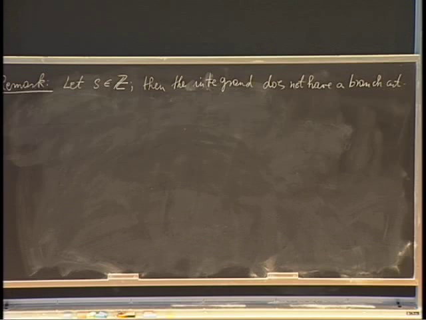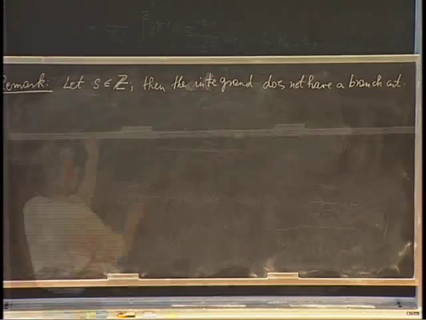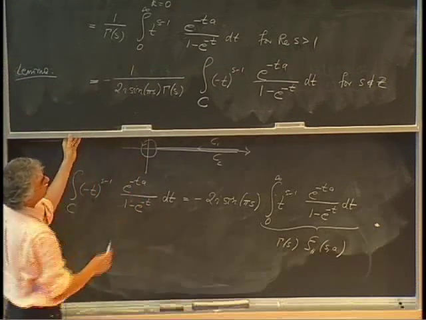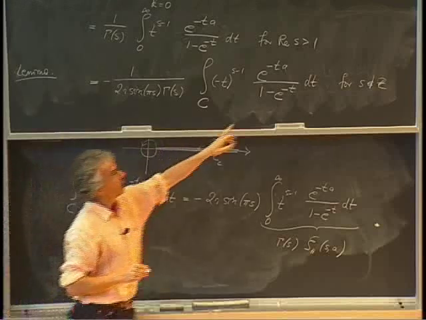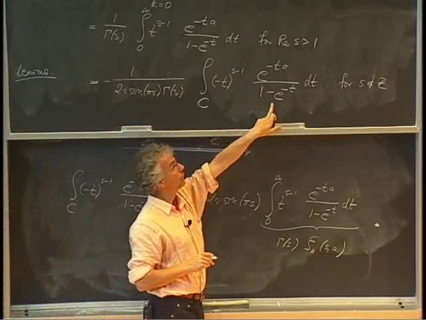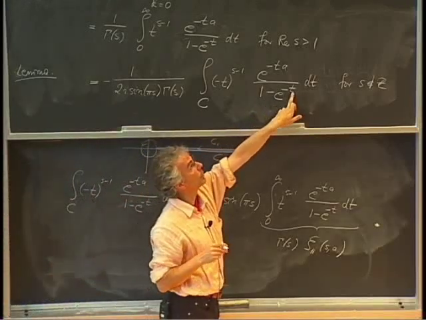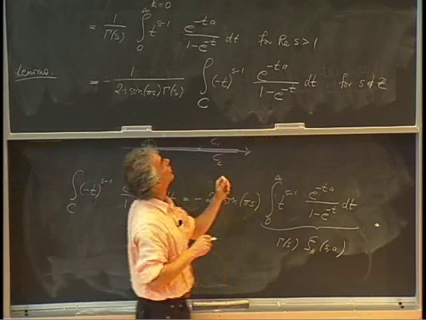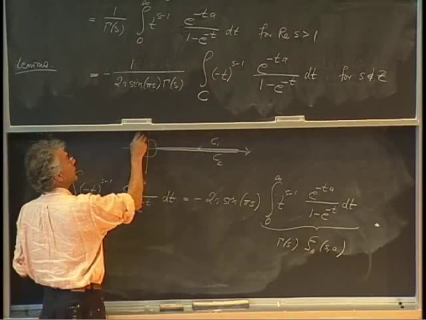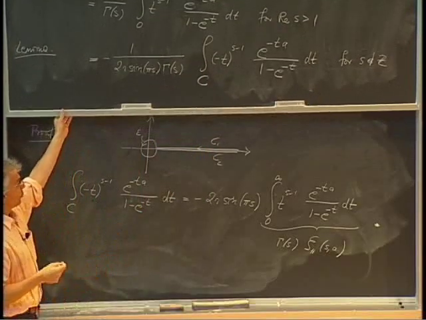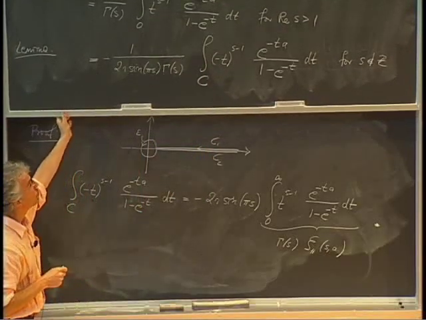Now, if you look at the integrand, the circle for this representation to be valid must have a radius smaller than 2 pi. Otherwise, we are including a singularity from the point t equals plus or minus 2 pi i. So here you should have in mind that what we had as a radius epsilon yesterday, this epsilon has to be smaller than 2 pi for this to be valid.